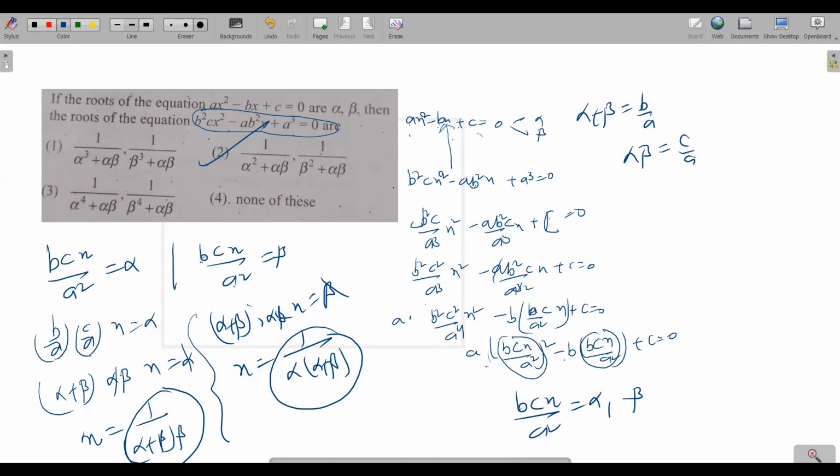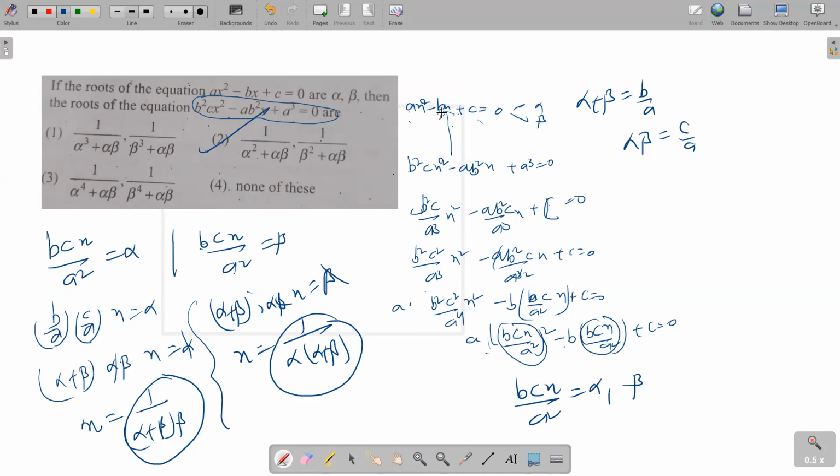Can you explain the right side part again from the beginning? See, we have to transform this equation into this form. Now assume this is your capital X or this is your Y. How did you transform it, sir? Sure. We have C here, so I just tried to make C here. But we have A cube here, so I divided by A cube, so this is 1, and then multiplied by C, so this becomes C. And now we have A into something, so I took A out and whatever we have, I put in bracket.